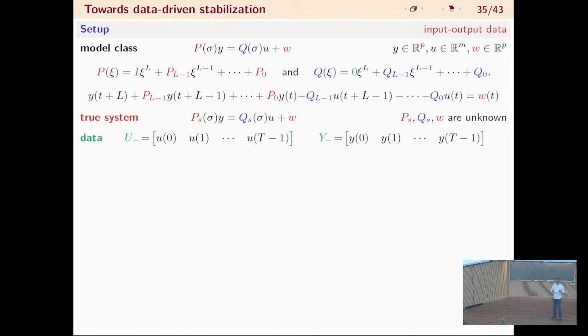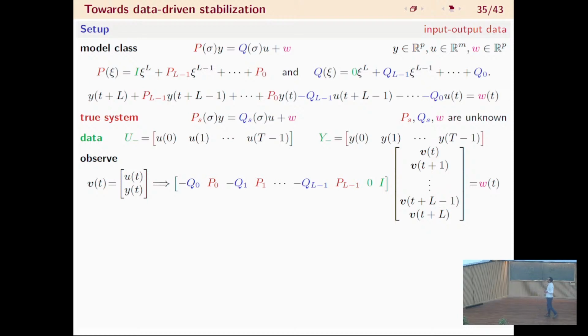I collect input-output data. No state, because there's no state anyway. And then I can write the following. If I collect inputs and outputs in one vector, let's say V, then V of t+1 up to V of t+L, if I multiply this vector by this matrix, then I'm going to get the left-hand side here.